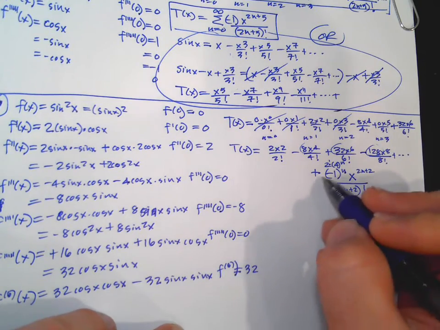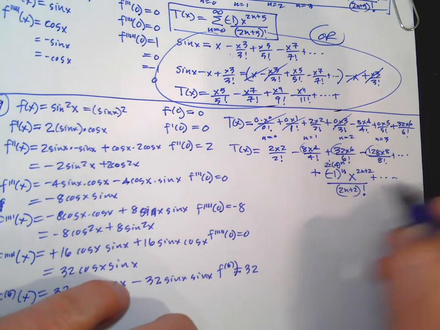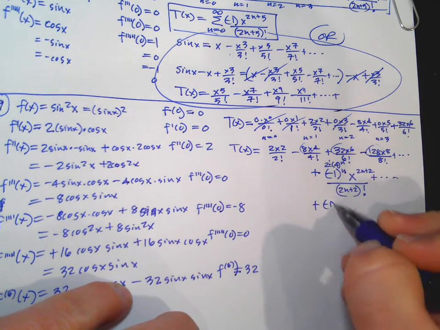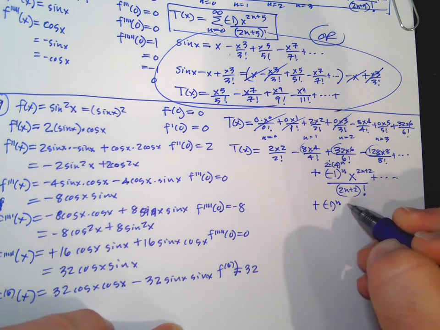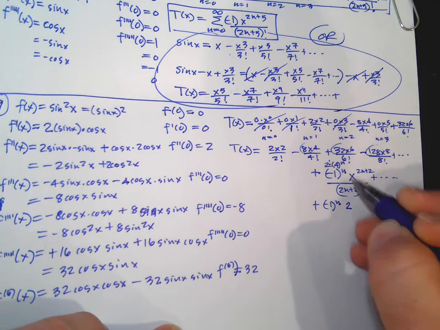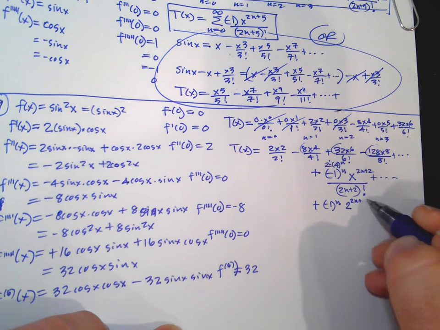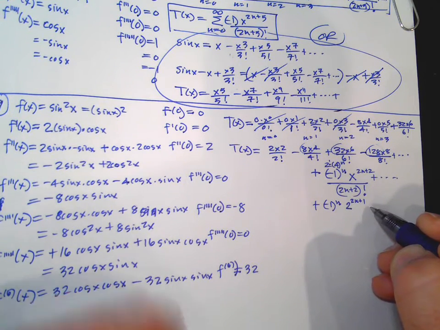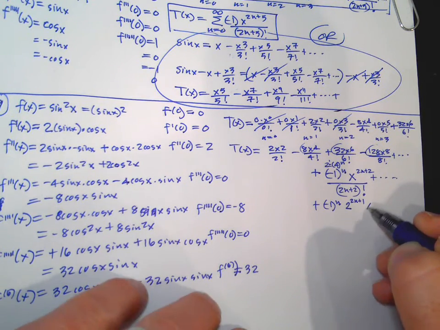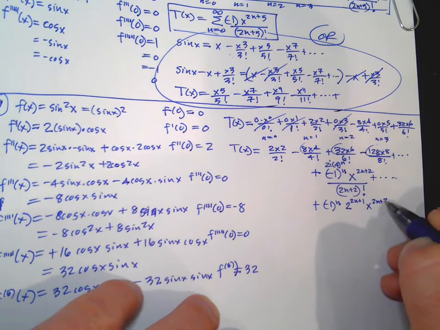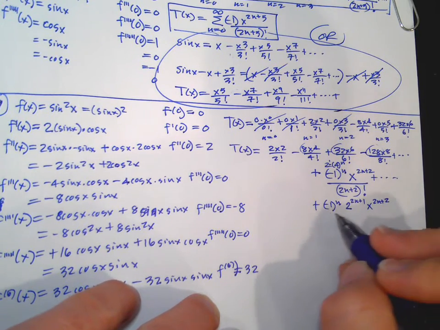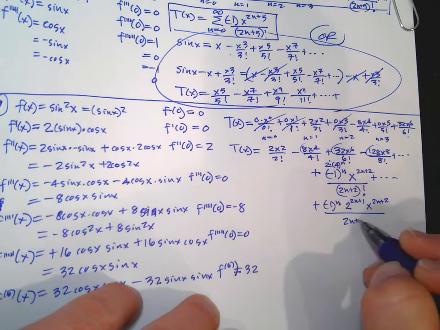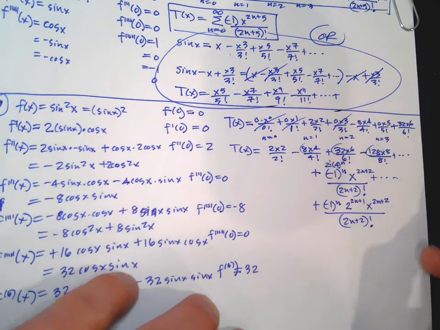So I'm going to write this term a little cleaner. Okay, so I'm going to say it's 2 to the 2n plus 1. And then we have an x to the 2n plus 2. All over 2n plus 2 factorial.